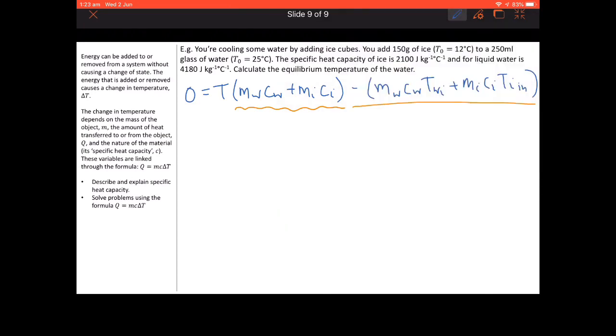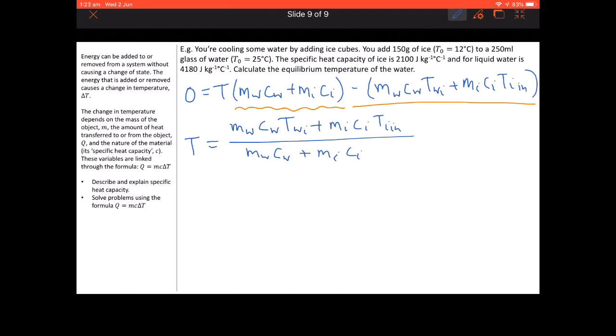So this will look like T being equal to mass of water, specific heat capacity of water, and then initial temperature of water, plus mass of ice, specific heat capacity of ice, and the initial temperature of the ice, divided by the mass of the water, the specific heat capacity of water, plus the mass of the ice and specific heat capacity of the ice.